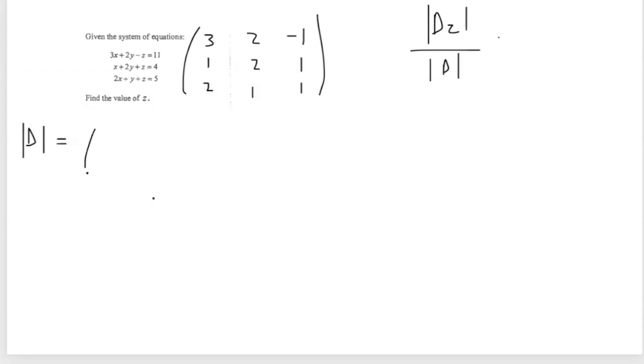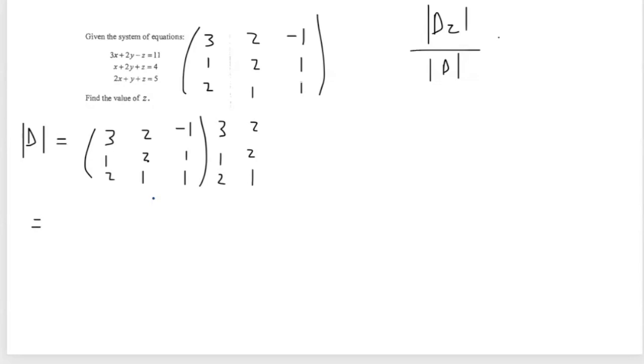So what we're going to do, we're going to have 3, 1, 2, 2, 2, 1, negative 1, 1, 1. And then we take the first two columns and we write them on the outside, which is 3, 1, 2, 2, 2, 1. Now let's go ahead and find the determinant.